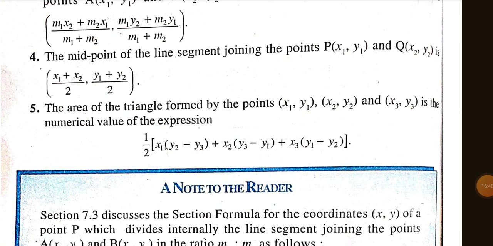The midpoint of the line segment joining the points P(x1, y1) and Q(x2, y2) is ((x1 plus x2) by 2, (y1 plus y2) by 2).